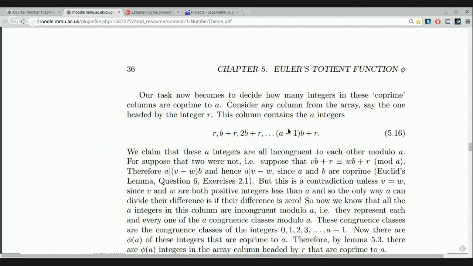Okay, so this takes us to this section in the proof. The task now becomes to decide how many integers in these co-prime columns are co-prime to a.